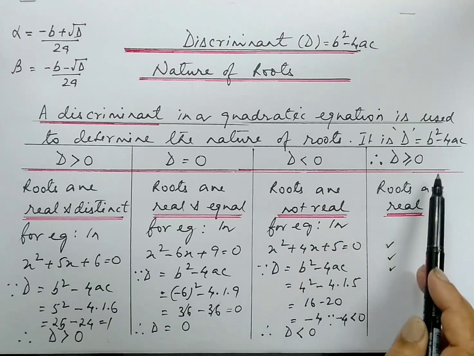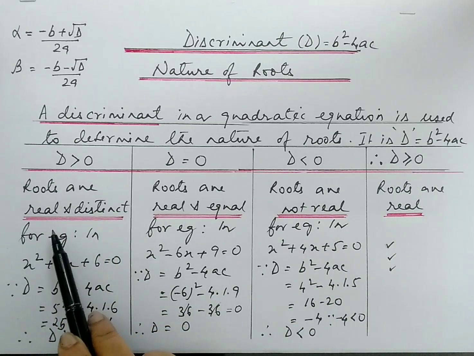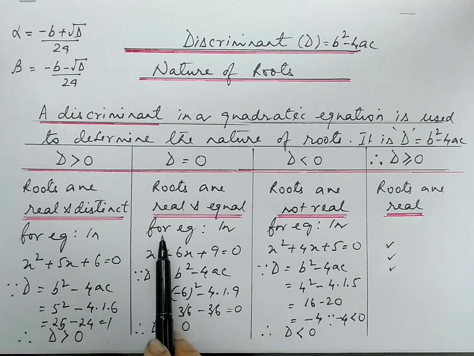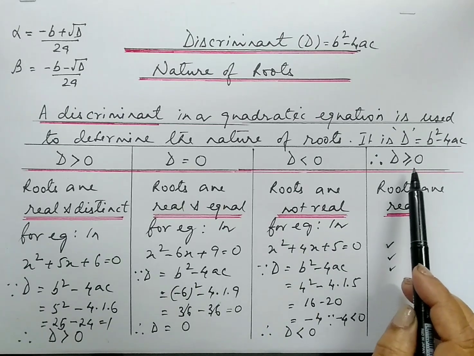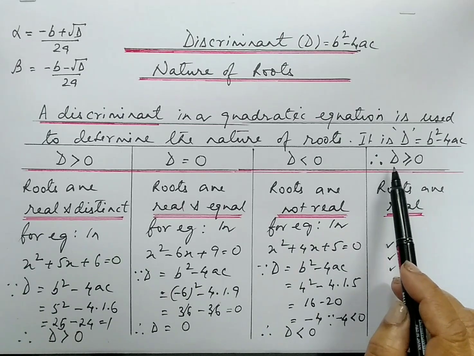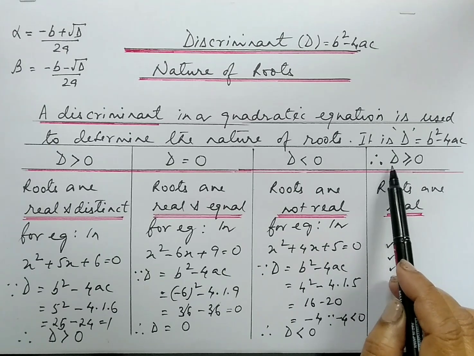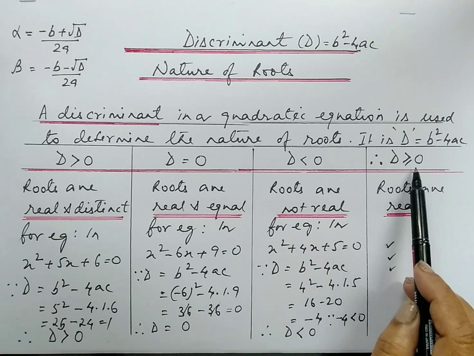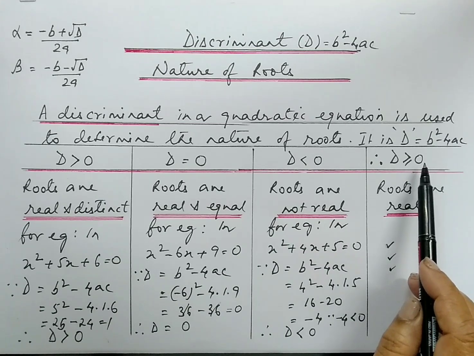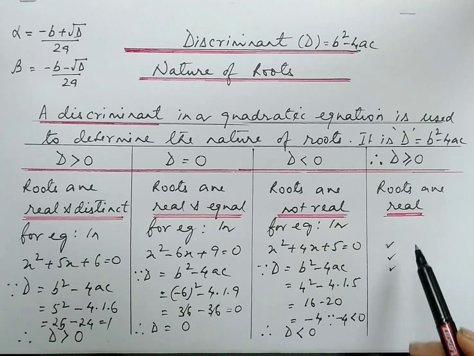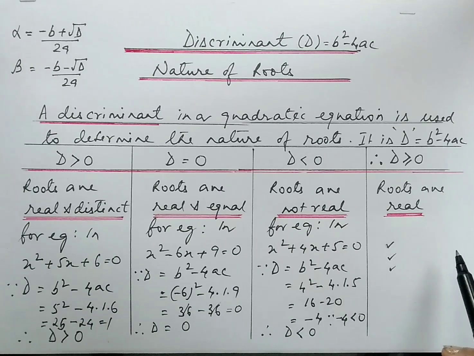Use this one because both of them have got real roots. So it will be best if we found out if the discriminant was greater than 0 or equal to 0. In both the cases we would claim that it has got real roots.